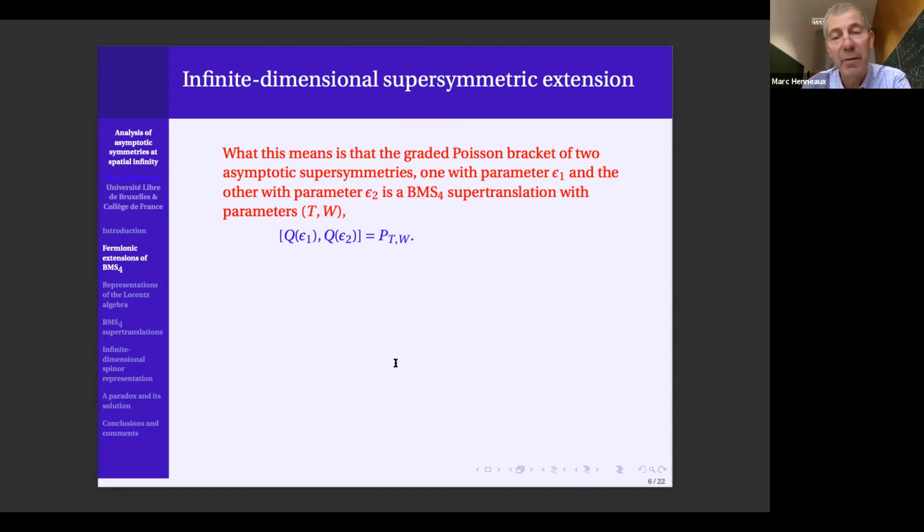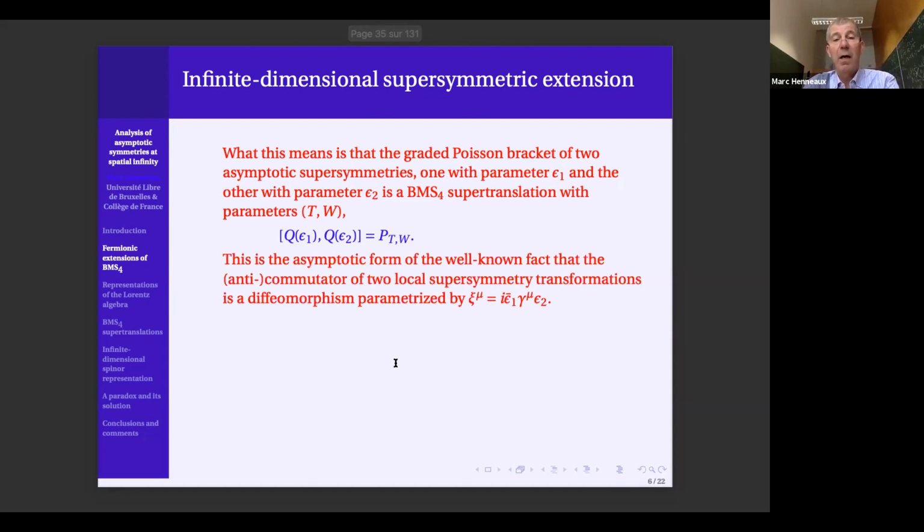And we were in a sense happy with this, because this is the asymptotic form of the well-known fact that the anticommutator of two local supersymmetry transformations epsilon1, epsilon2, is a diffeomorphism parameterized by this psi mu. And if you take the asymptotic limit of that formula with the boundary conditions that we gave, you get exactly what I wrote.